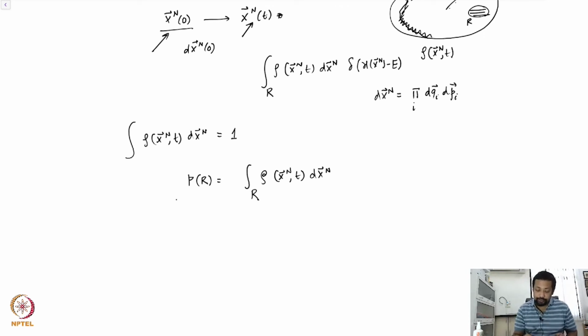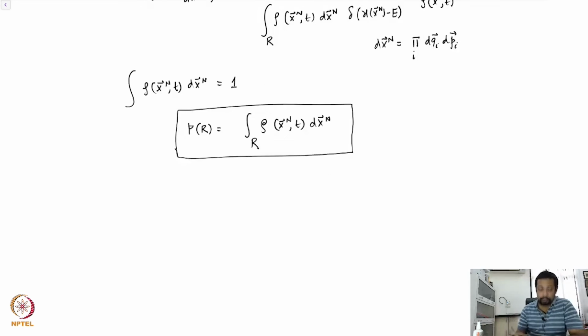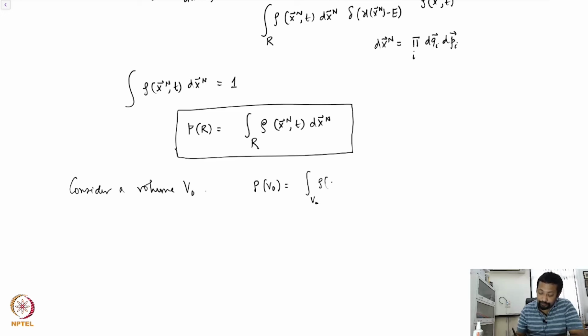So now I want to evaluate the flow of probability from this region R. Consider a volume V0. Then the probability of finding the system within this volume is P of V0 equal to the integration over V0 of rho of xn comma t dxn, right?